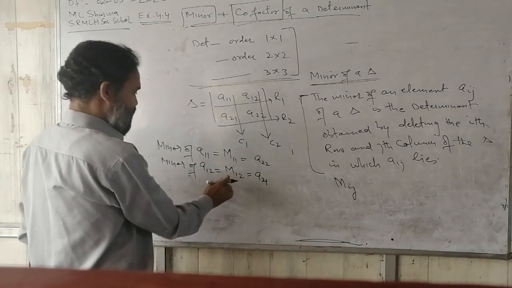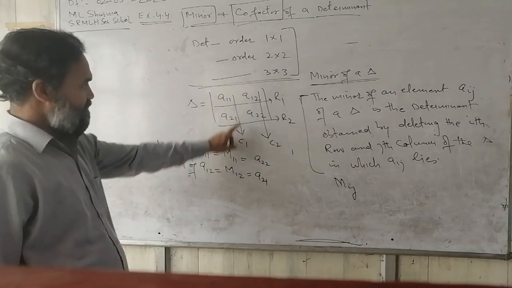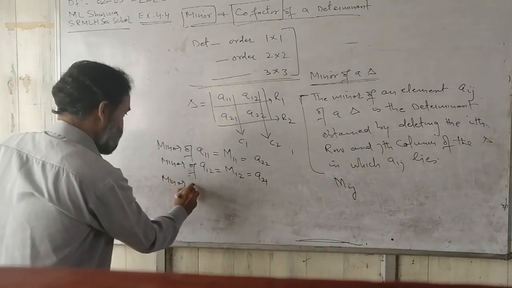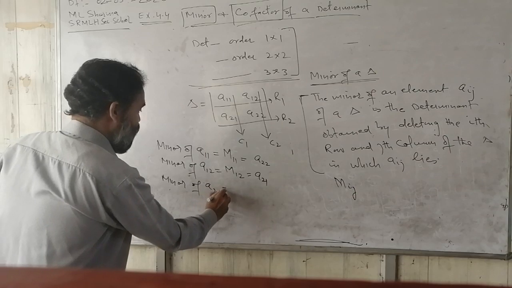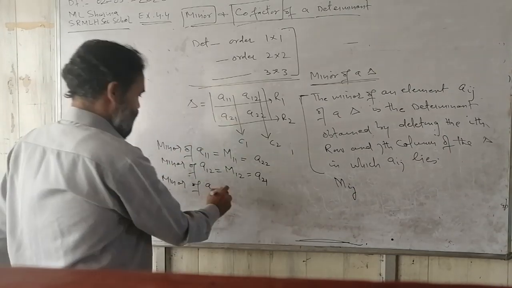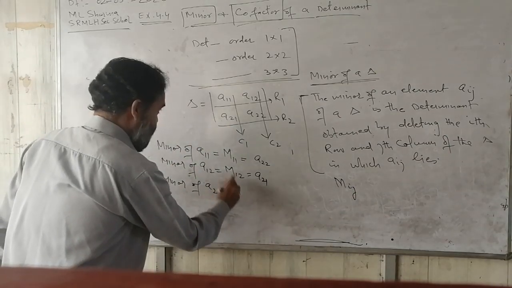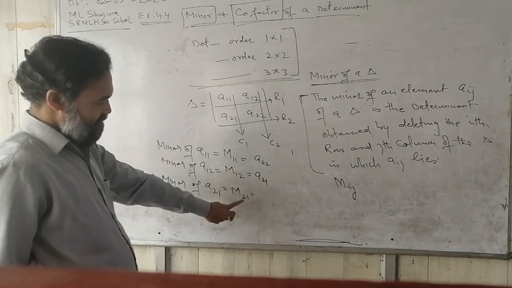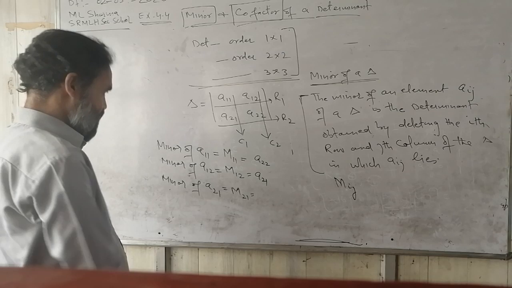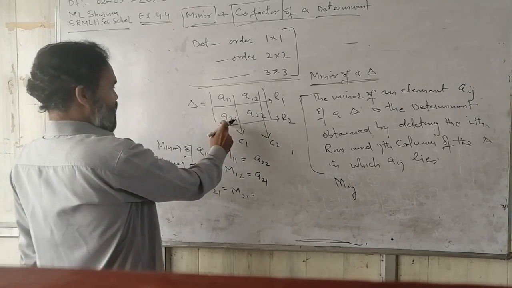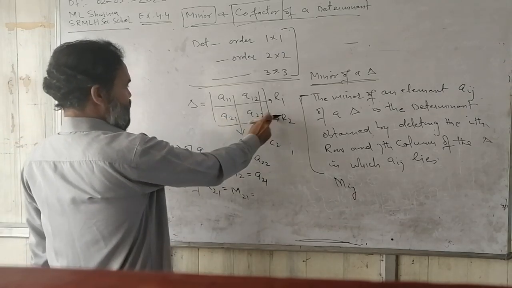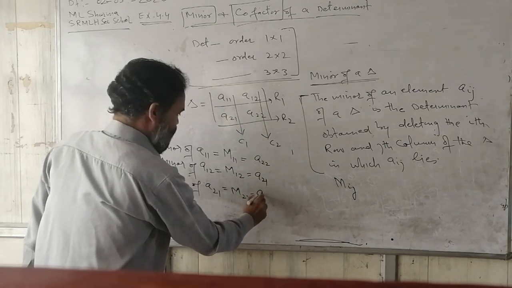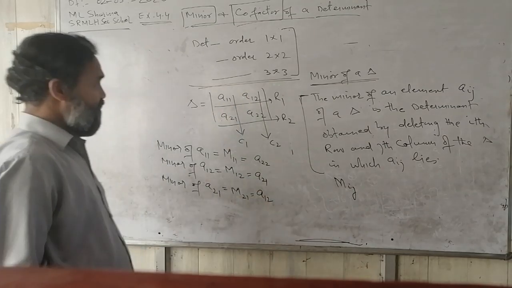So this is the value of minor of this element. Minor of A21, this element, is denoted by M21, meaning this element lies in the second row and first column. This will be equal to, I will delete this row and this column and I am left with only this element A12.